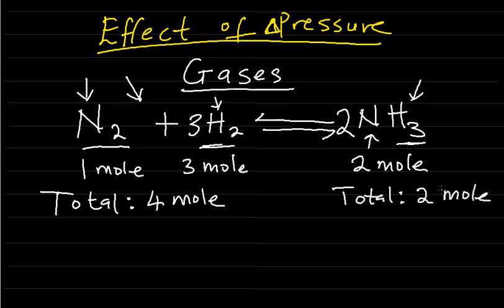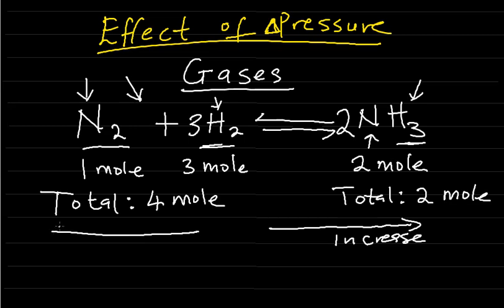So as you can see, the forward reaction, I have a lesser number of moles: the forward reaction, I have 2 moles, and the backward reaction, I have 4 moles. So the forward reaction leads to a decrease in pressure. The backward reaction, of course, leads to an increase in pressure.